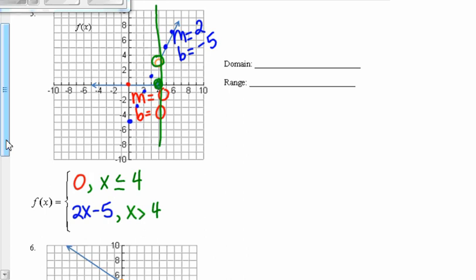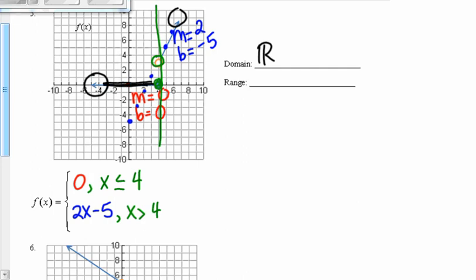Now we're going to talk about the domain and range. Remember, domain goes from the left to the right. If you look at your arrows here, it's going to go forever to the left and forever to the right, so we're going to say all real numbers, and you can write that out. I choose to use the symbol. For the range, we're going to break this up. The range of our first graph just remains at the y value of 0.